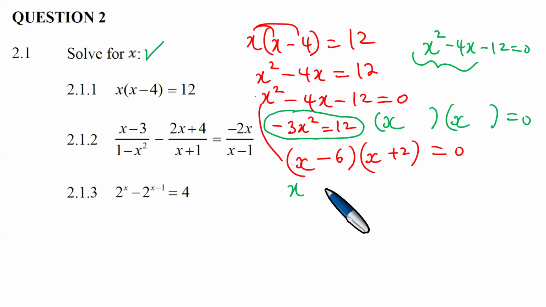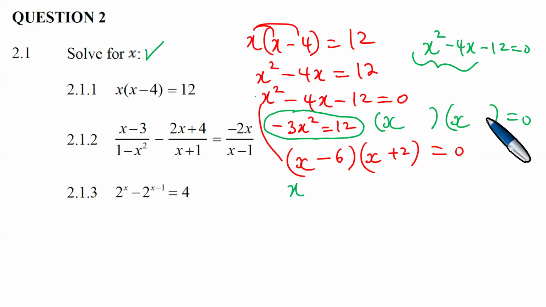What number multiplies to give negative 12? Because now we need to put the factors of minus 12.